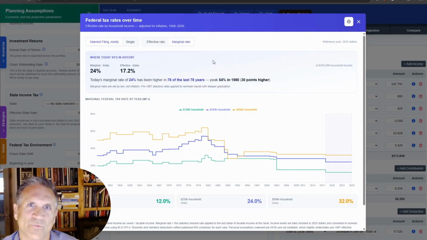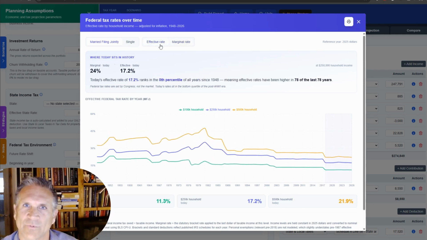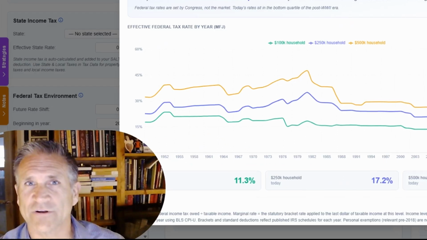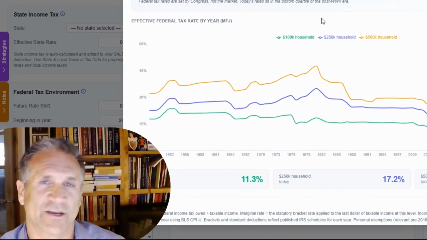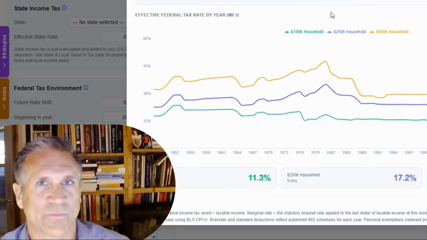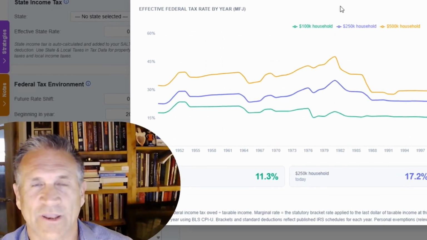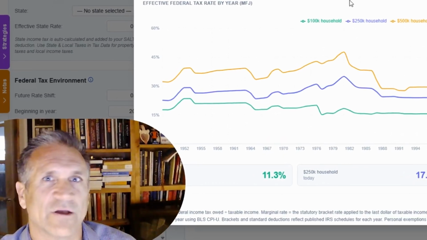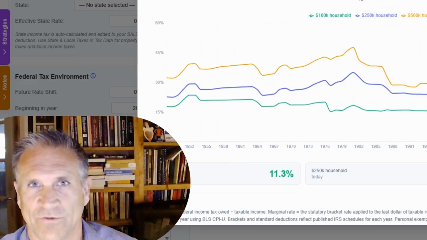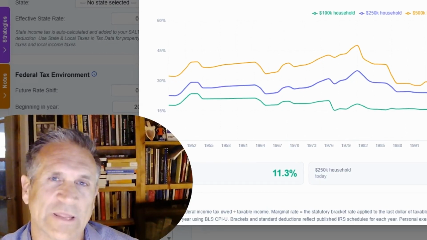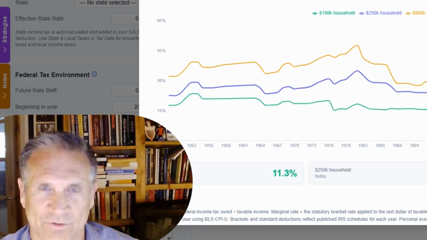However, when looking in the rear view mirror, the effective rate is a better representation of what tax we paid. And here's why. Consider, for example, that deductions, credits, personal exemptions, and all of the other things around the brackets shift over time. The marginal rate doesn't properly capture those.